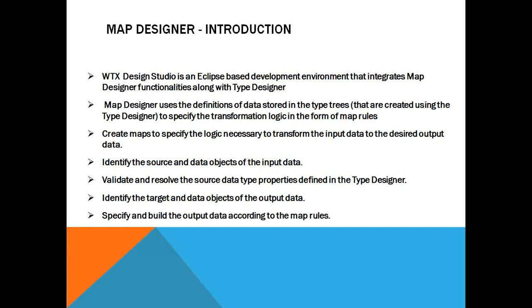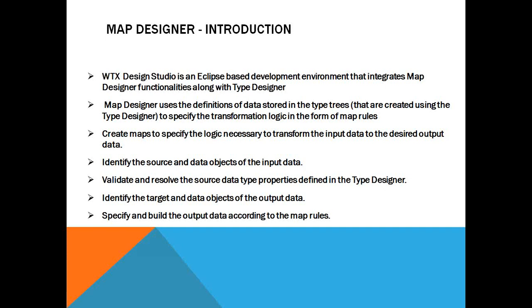Create maps to specify the logic necessary to transform the input data to the desired output data. Basically, we write the map rules in order to do the transformation. Next, identify the source and target data objects. Once you select the type tree, you have to select the type of your message data.